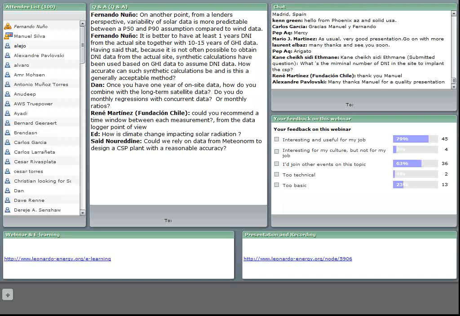Okay, very well. So another question: is there a map of direct irradiance? Is there anything existing on this resource? A global map of the world.